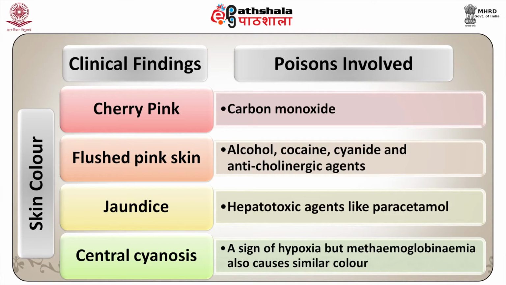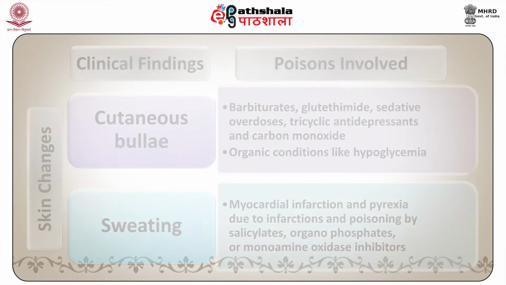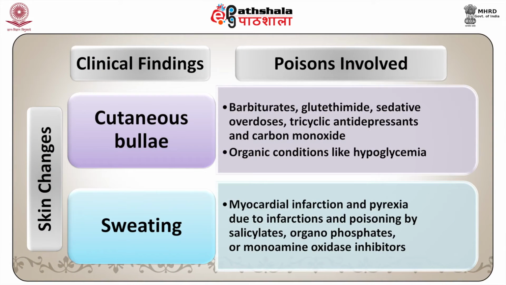If it is jaundice, then it has been caused by hepatotoxic agents like paracetamol. And in case of central cyanosis, a sign of hypoxia, methemoglobinemia also causes similar color. Next is the skin changes.